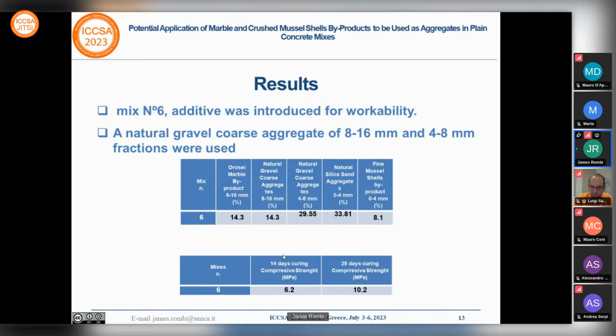And this is the mix that gave us a good performance in terms of workability, density, and also resistance, because we were looking for a non-structural concrete. So we managed to achieve, after 28 days, a minimum of 10.2 megapascal.